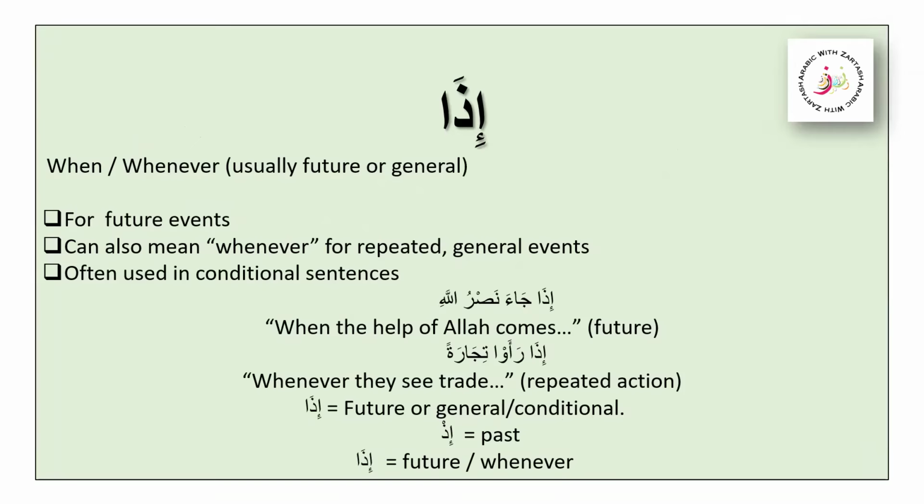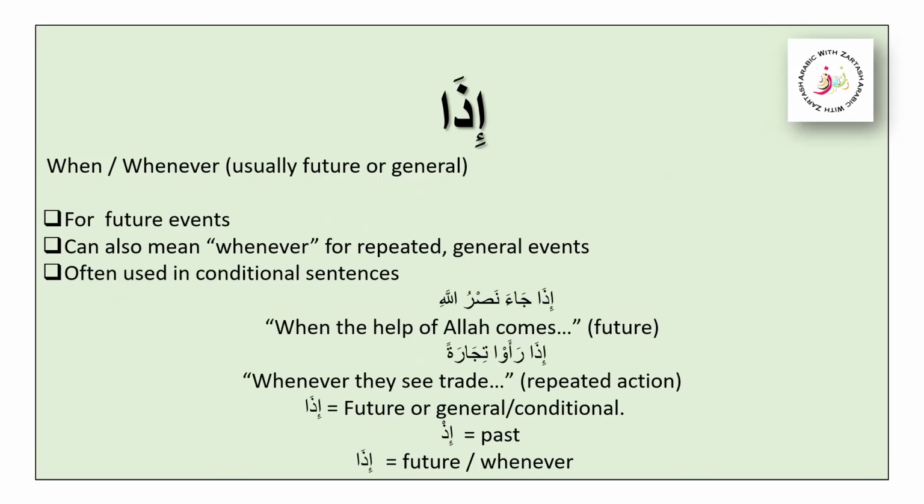We have Iza. Iza again means "when" or "whenever," for the future or for repeated actions as well. So we need to remember a few points for Iza. It means "when" or "whenever" for the future or general. Mostly it will be used for future events, or it can be translated as "whenever" for something that happens repeatedly.